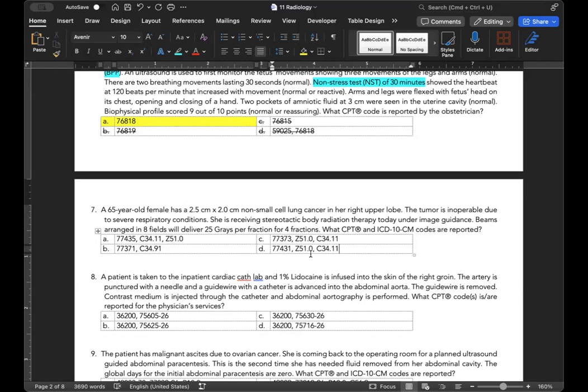What is the reason for the encounter? Are they doing anything to evaluate their lung cancer, or are they solely coming in for radiation therapy?